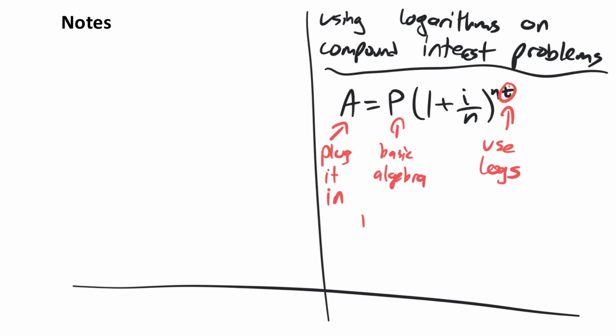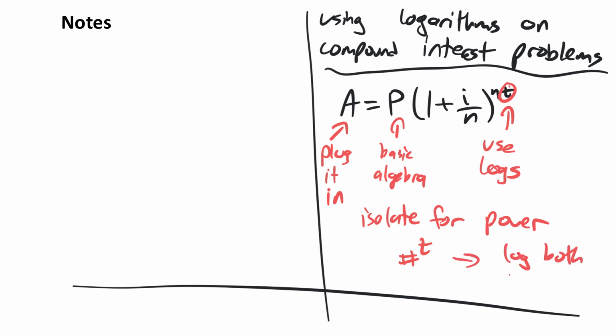So the technique is you isolate for the power, so that way you've got some number raised to some variable, and then you log both sides, so that the number has a log and the t pops down.